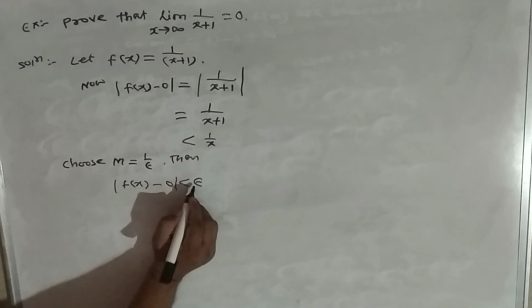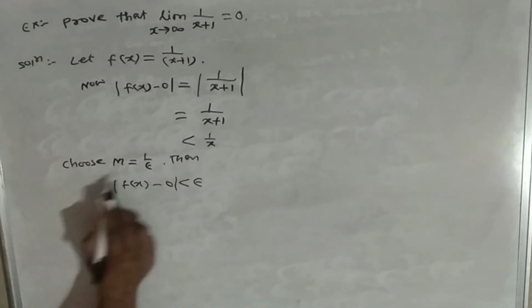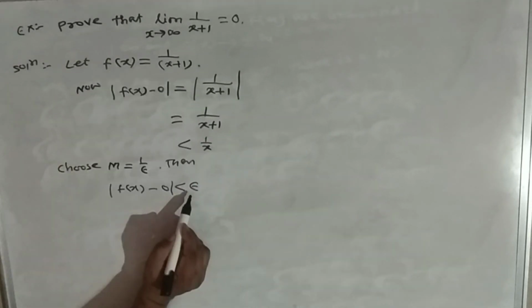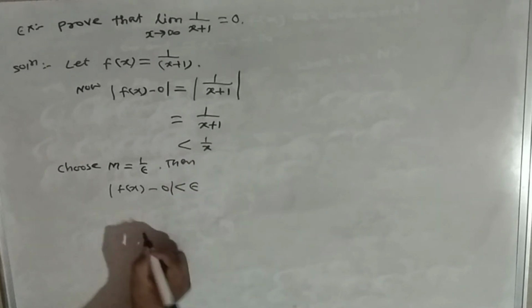If we choose m equal to 1 upon epsilon, then what do we get? We get 1 upon x is less than epsilon.